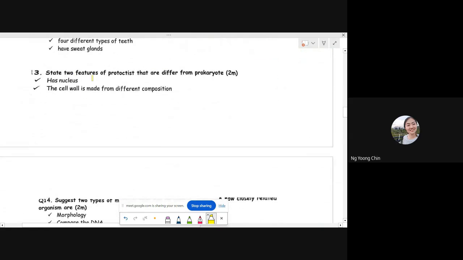Okay, state two features of the protists that are different from the prokaryote. So now they are comparing the protists with the prokaryote. Is a protist a eukaryote or prokaryote organism? Which one? Tell me, Ethan, Su Yang.